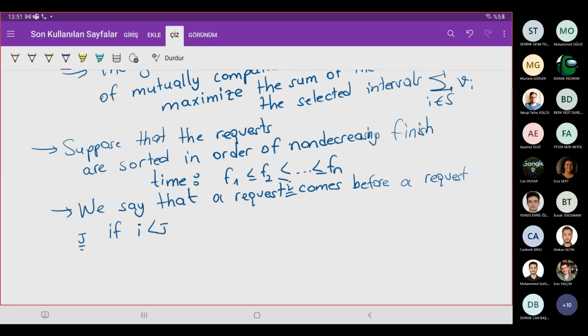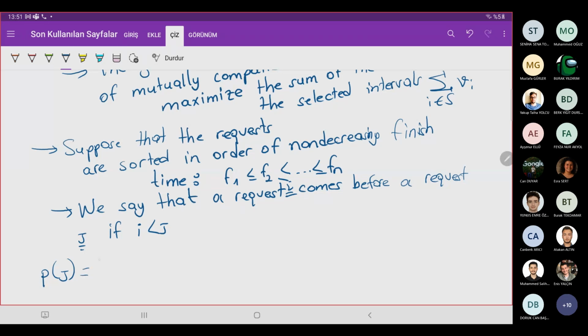And PJ. Now I will describe a dynamic programming algorithm that solves this problem exactly, finds the optimum solution always. Okay, let me define some other term.